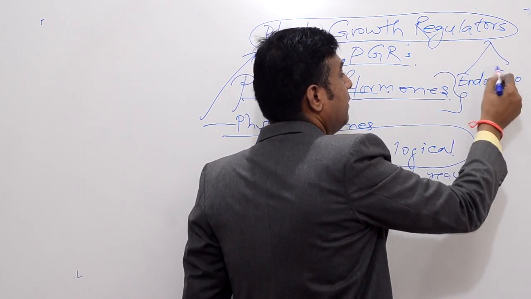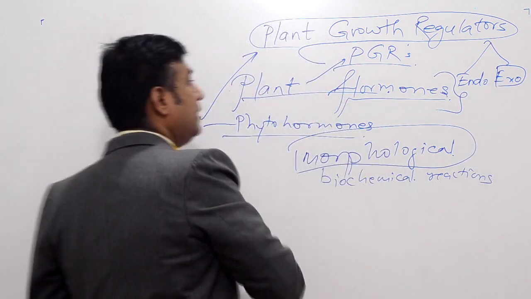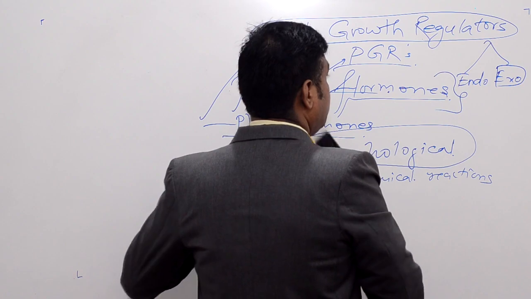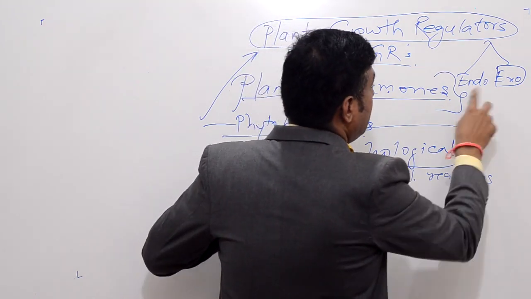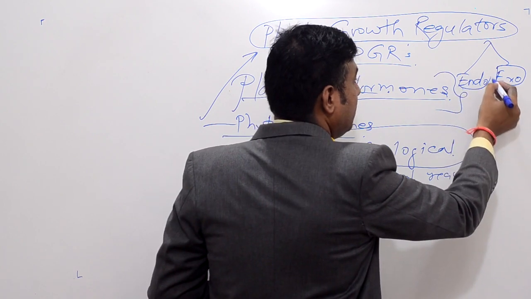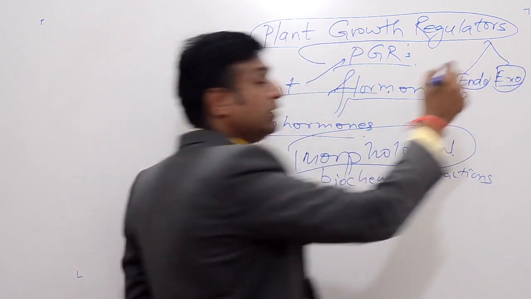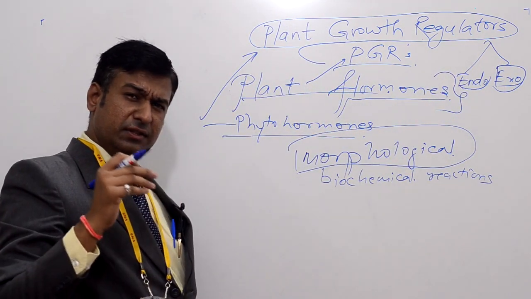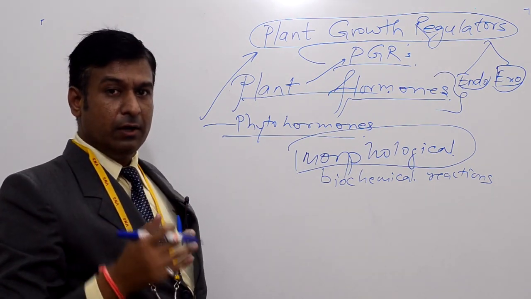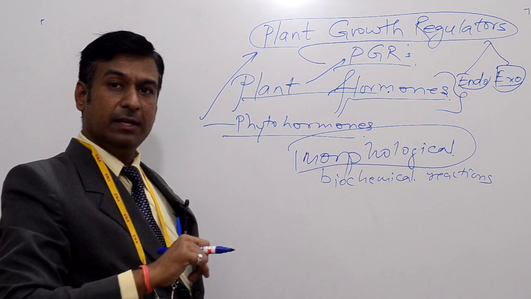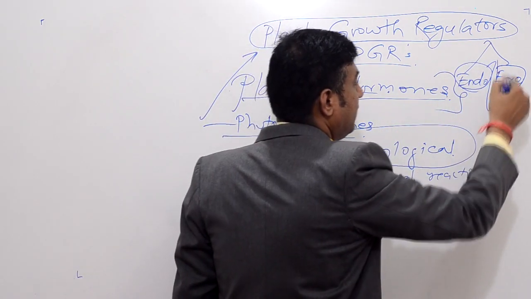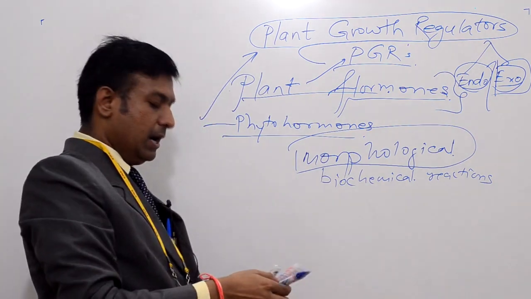Because it depends on whether they are working in the cell or outside the cell. It may also be possible that they are released from the cell or released into the cell. So we can divide them in two ways, exogenous and endogenous types of hormones.